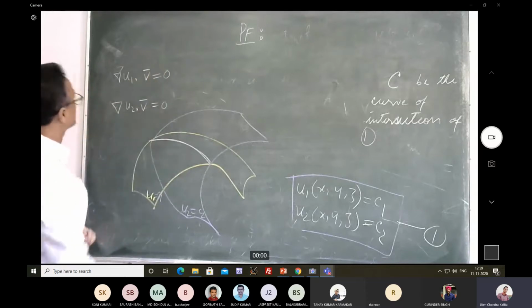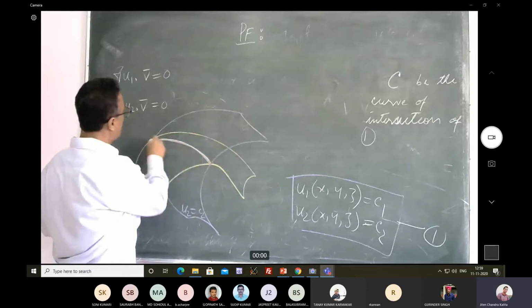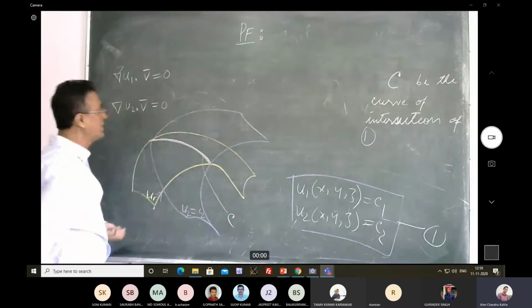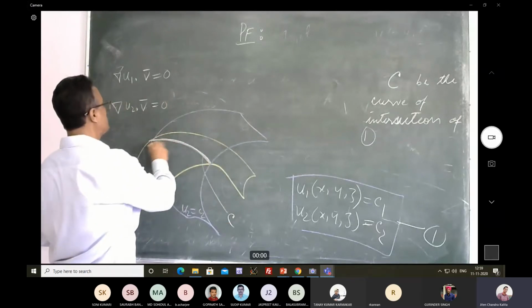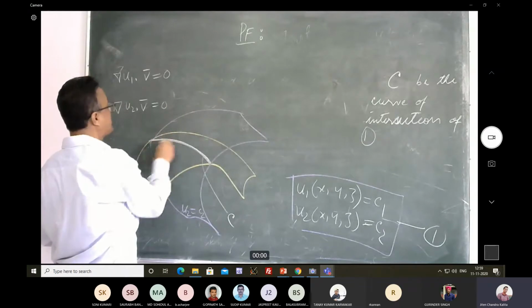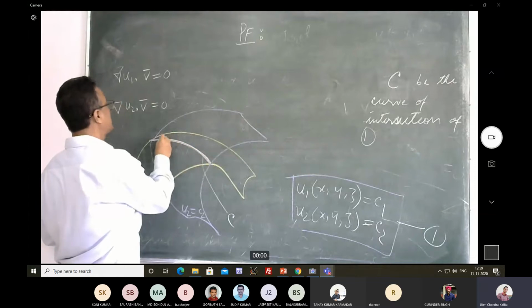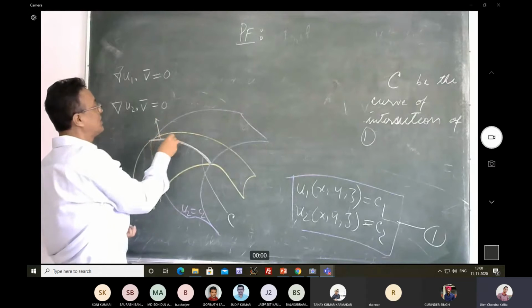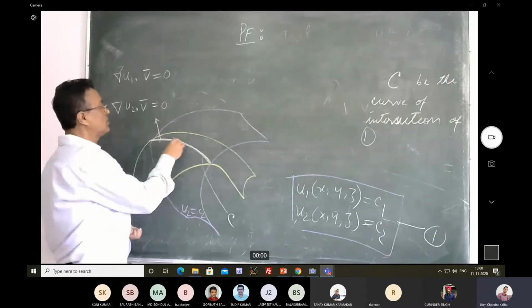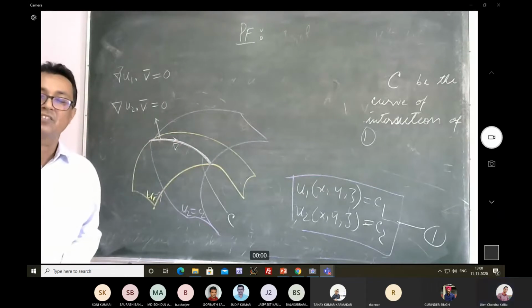If you consider all the points lying on this curve C and draw a tangent line at each point, then this normal is going to be perpendicular to V, right?